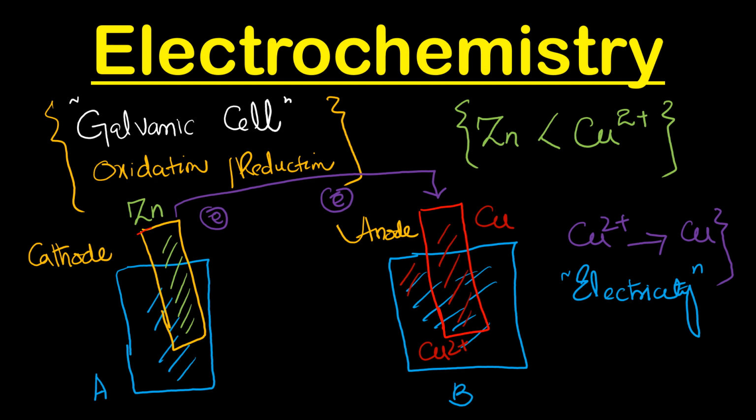So there will be two kinds of chemical reactions between the zinc and copper electrodes. These chemical reactions will be oxidation reactions and reduction reactions.